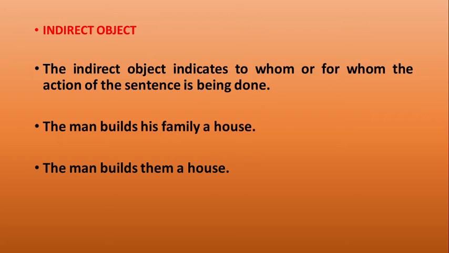The man builds his family a house. The man builds them a house. In the first example, his family is an indirect object and a house is direct object. In the second example, them is indirect object and a house is direct object.